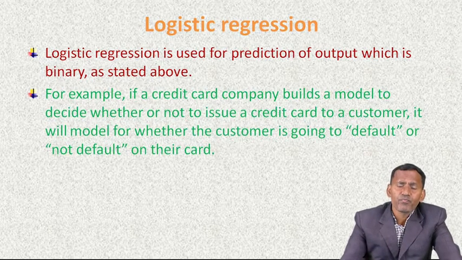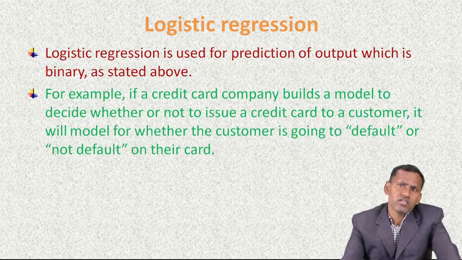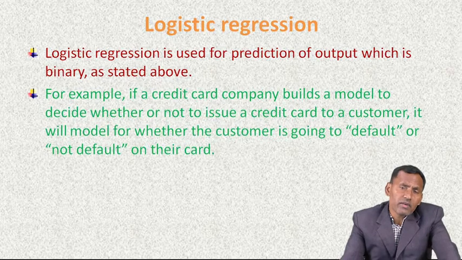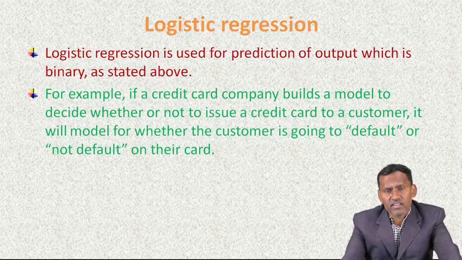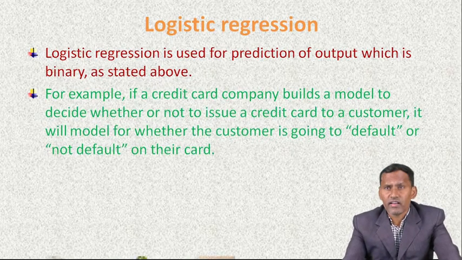That model can predict whether we can issue a credit card to the customer or not. So that is binary classification. We have to classify all the customers into the issued category or the not issued category.